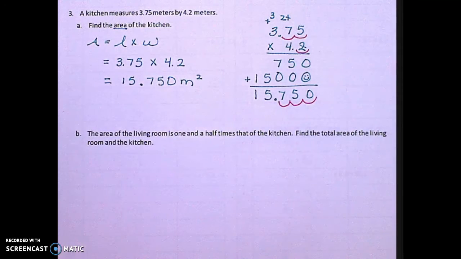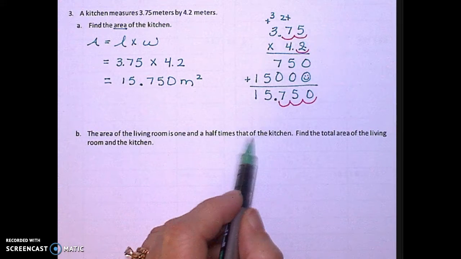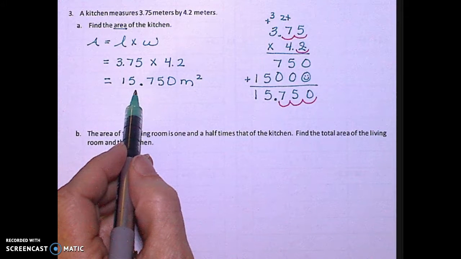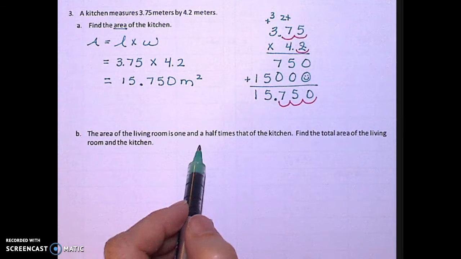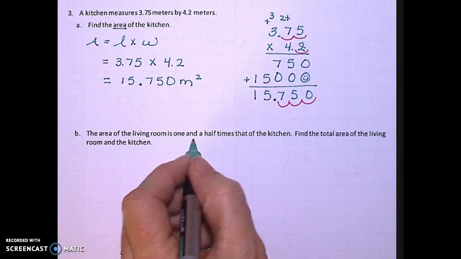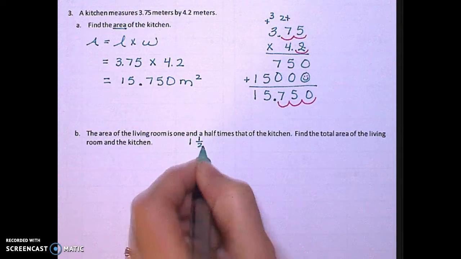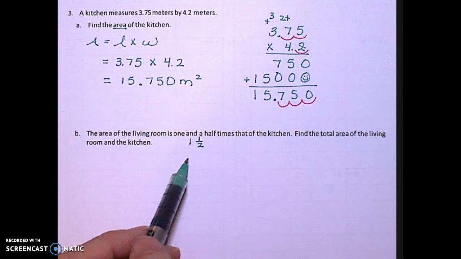Okay, let's look at the next question. It's kind of a challenge. This one says the area of the living room is 1.5 times that of the kitchen. So we found the area of the kitchen. And the living room is 1.5 times. Here's your 1.5. Now we're using decimals, so we need to turn 1.5 into a decimal.